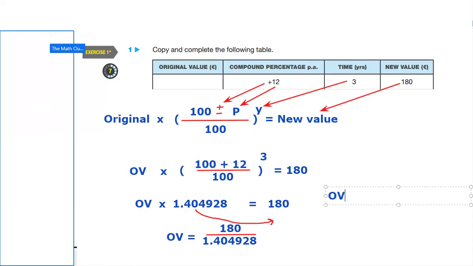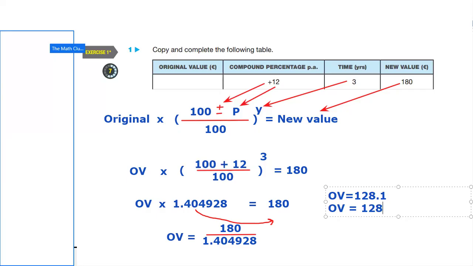So the OV will equal 180 divided by 1.404928. And the final answer is 128.120, so 128.1. And if I want to round it, it's going to be 128. So the original value will be 128.